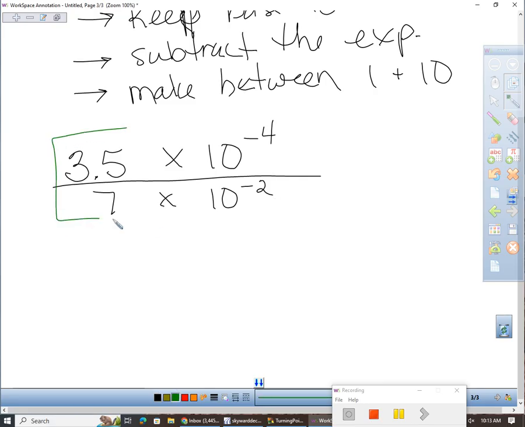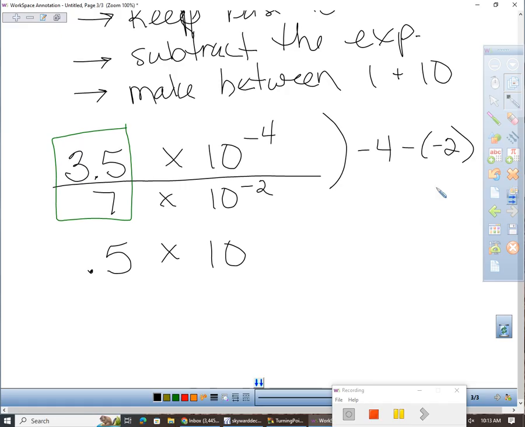Starting right here, 3.5 divided by 7. What is it? Okay. It is 0.5, but remember we're leaving it all in decimal because that's scientific notation, right? 0.5. We keep our base 10, and remember we're going to subtract our exponents.